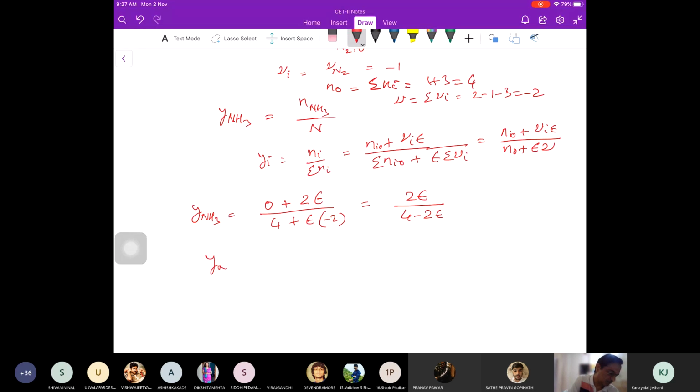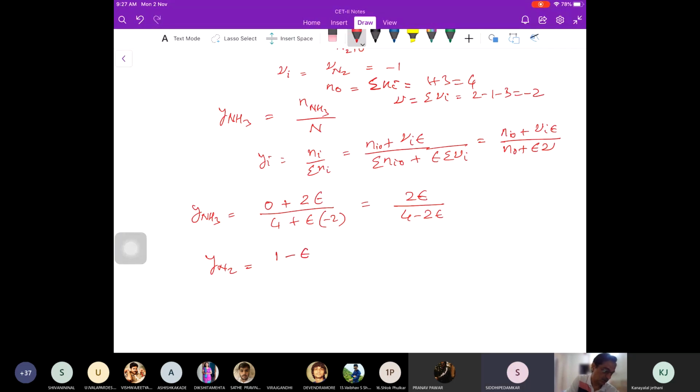It is 1 minus epsilon divided by 4 minus 2 epsilon.